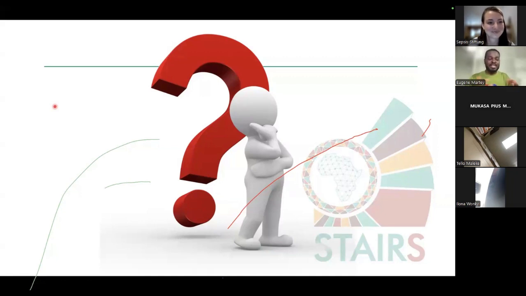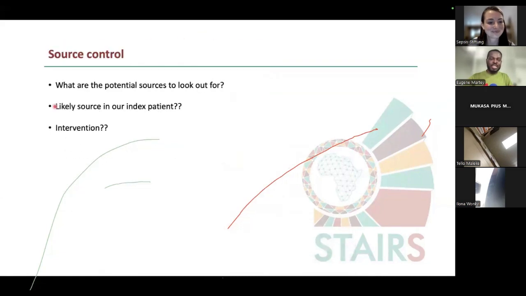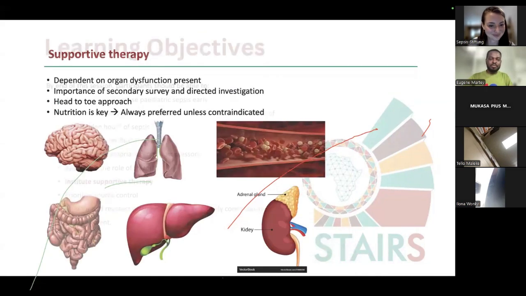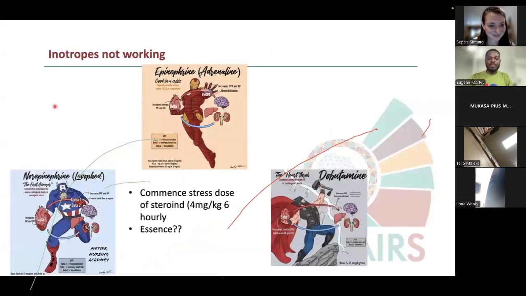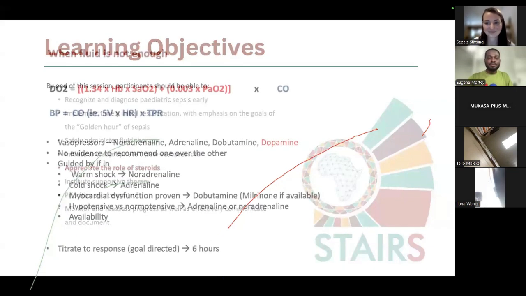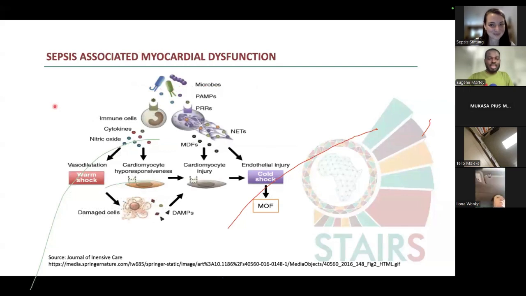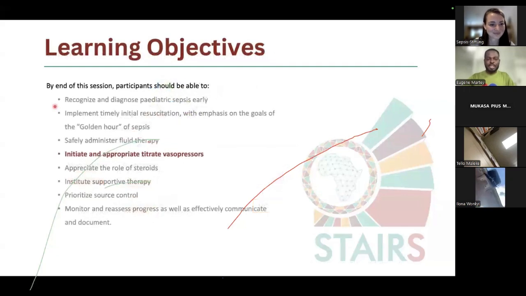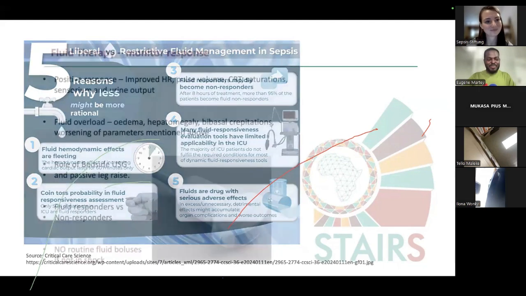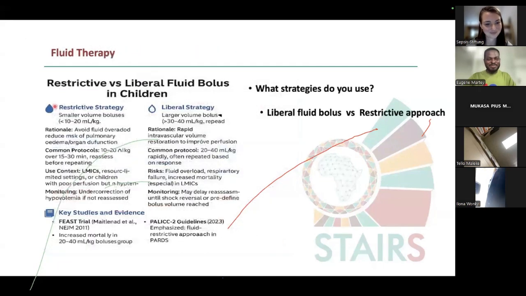And for the same reason, if we go back to this diagram where I showed the endothelial glycocalyx. In septic patients, use of colloids as compared to crystalloids has been associated with a higher risk of fluid overload, and also increases their risk for a longer stay, especially in ICU.